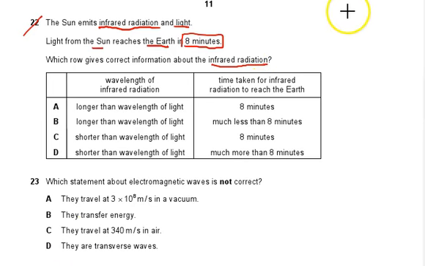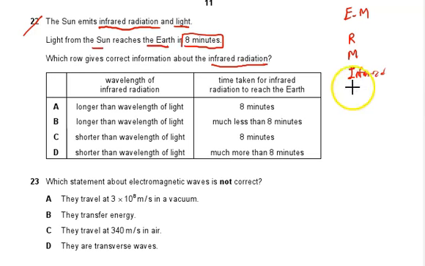If you look at our electromagnetic spectrum, first we will have radio waves, then microwaves, then infrared, then visible light, then UV, X-ray, and also gamma ray.